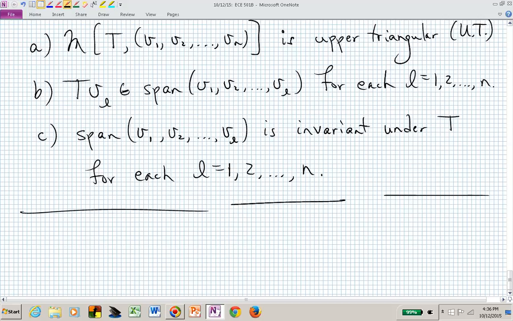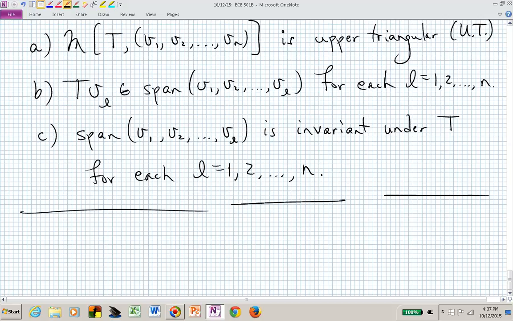If we have an upper triangular matrix representation for this linear operator, that says that if you give me anything that's in the span of V1, V2, V3 and operate on that with T, we're going to stay in that same span of V1, V2, V3.